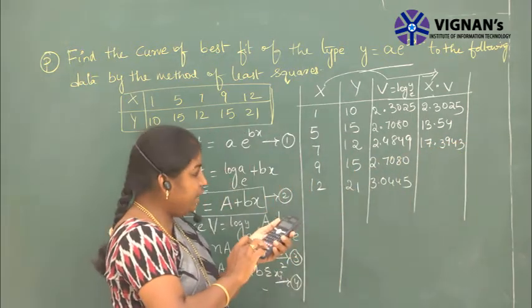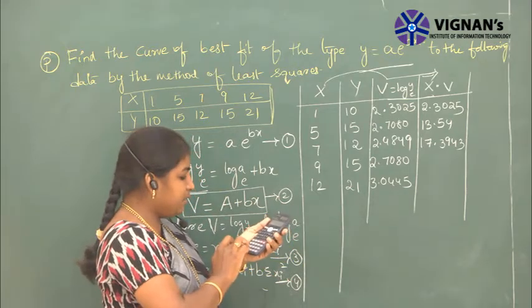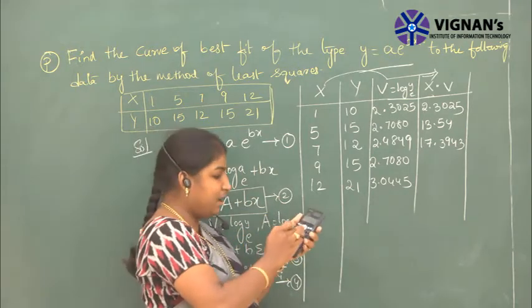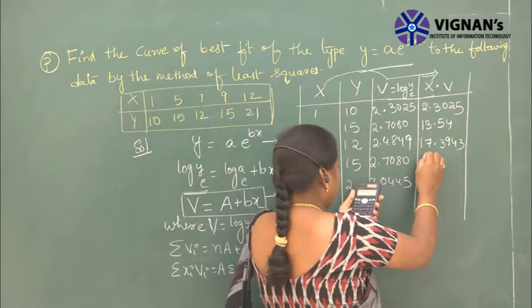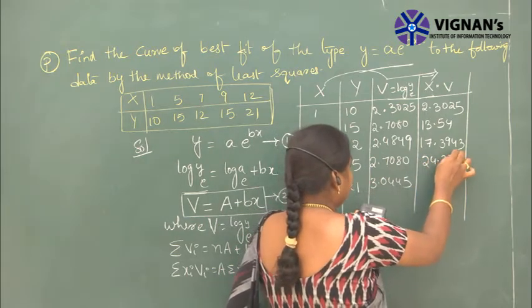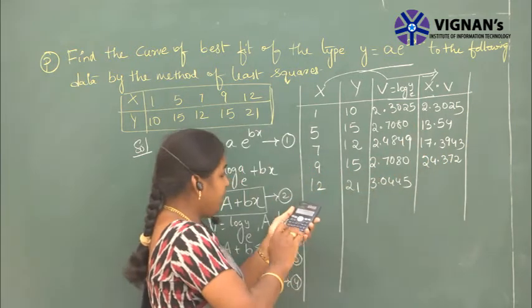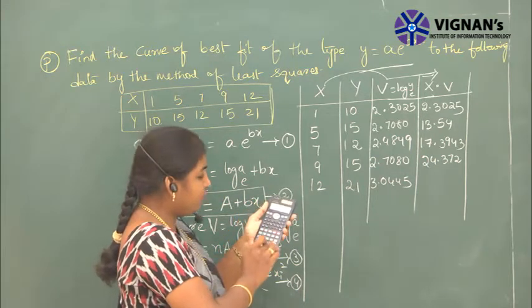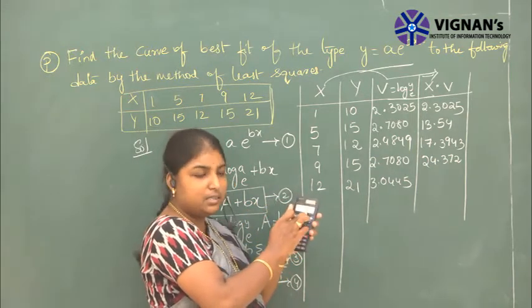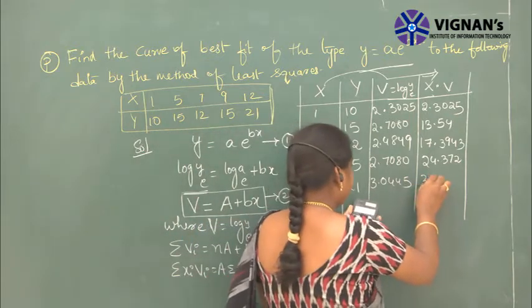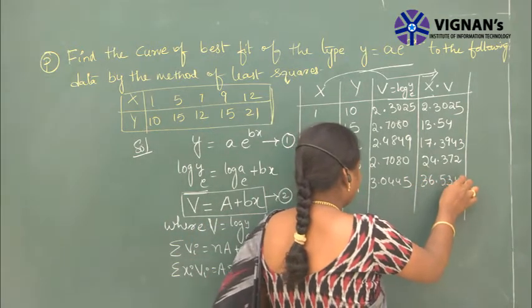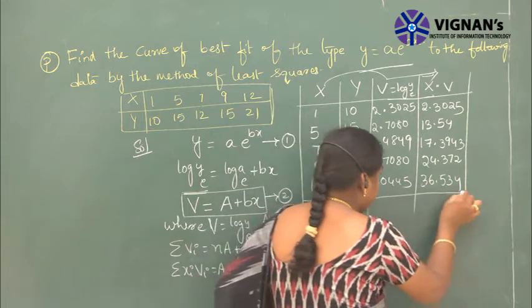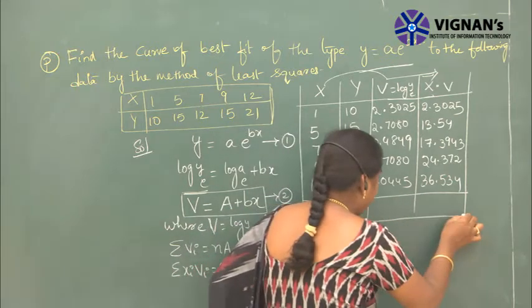Next, 9 into 2.7080 is equal to 24.372. Next, 12 into 3.0445 is 36.534.